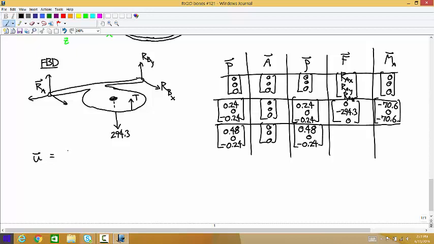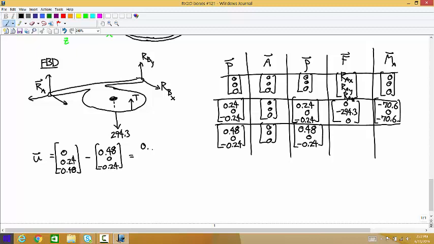So the point where the cable attaches to the wall, that's the destination of that point, is 0, 0.24, negative 0.48, and the place where it connects to the disk is 0.48, 0, negative 0.24.